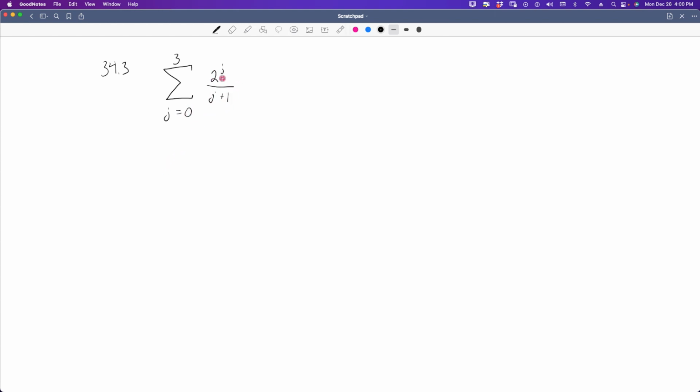So all we're going to do is take this pattern and put it over here. So 2 to the 0, because that's our j, over 0 plus 1, plus 2 to the 1 over 1 plus 1, plus 2 squared over 2 plus 1, plus 2 cubed over 3 plus 1.